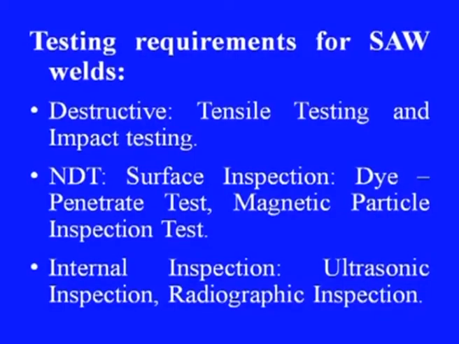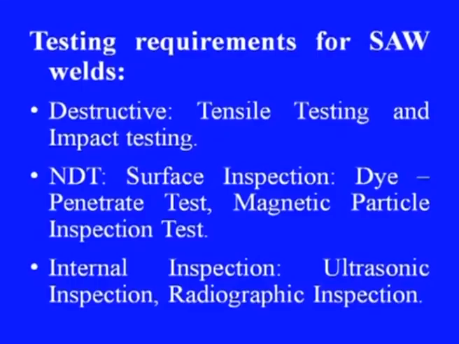Testing requirements for submerged arc welding welds. Number 1, destructive testing. These tests include tensile testing and impact testing. As we know, in both these cases the specimen or the weld joint is to be destroyed and the corresponding strength, tensile strength and the impact strength, are measured. The other category is non-destructive testing.